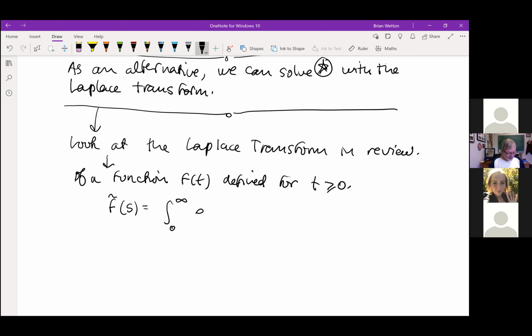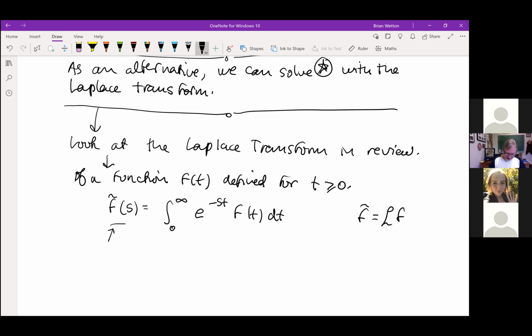And this is the formula. Right. So I take a function defined for t greater than or equal to 0, and I get this function of s coming out.